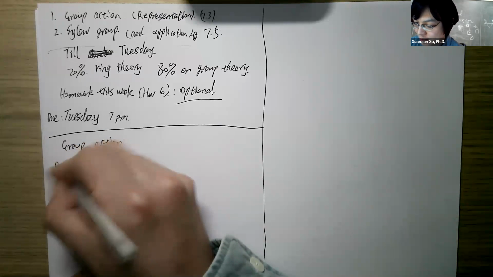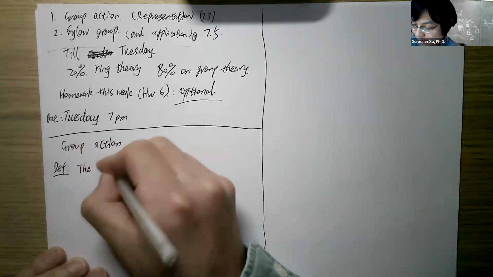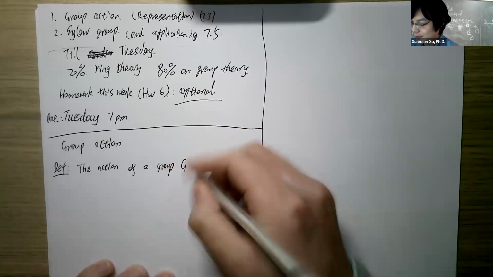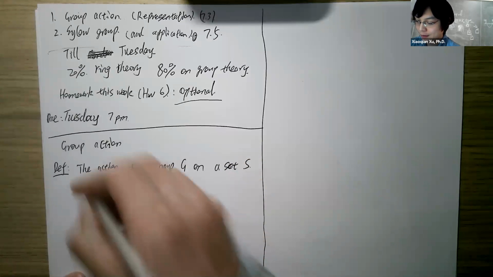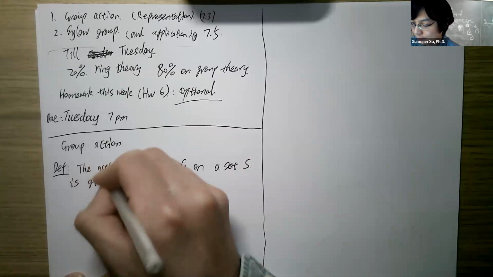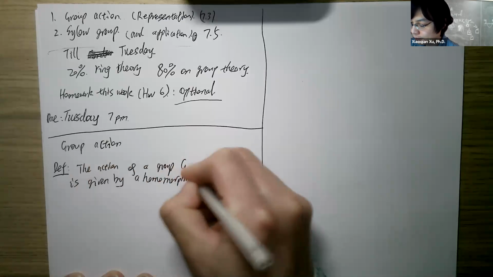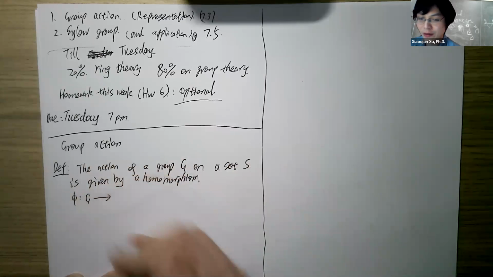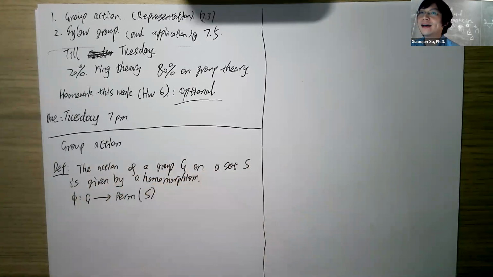Let me write the definition of the group action. The action of a group G on a set S is given by a homomorphism phi from G to the permutation group of S. What is a permutation group of S?